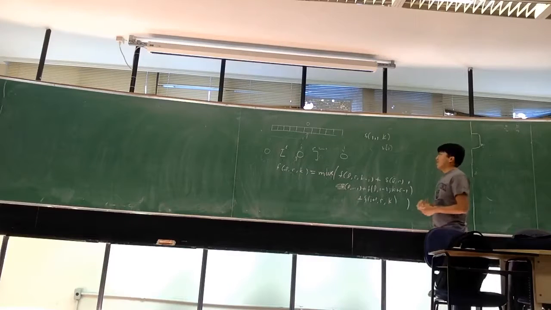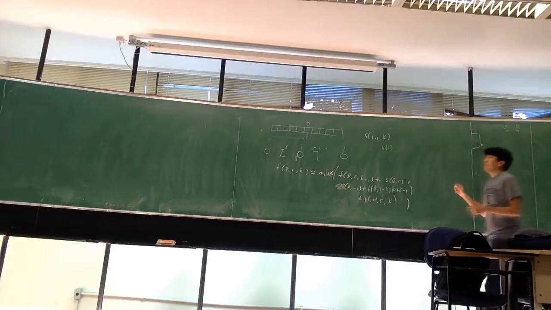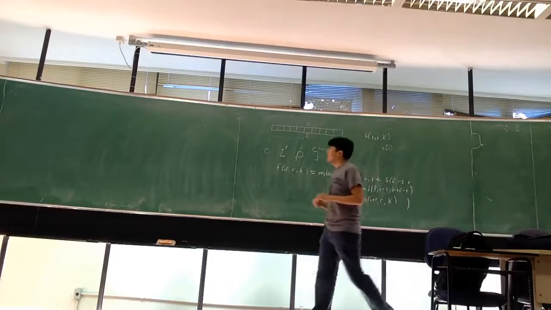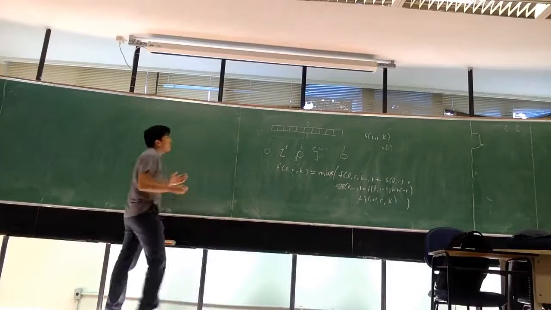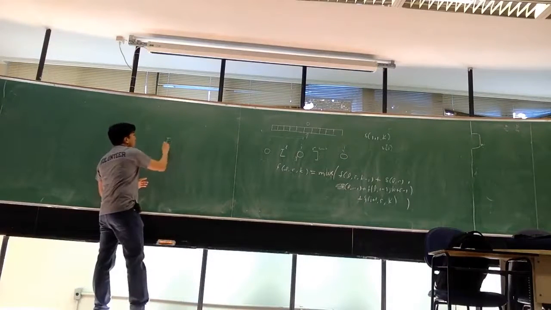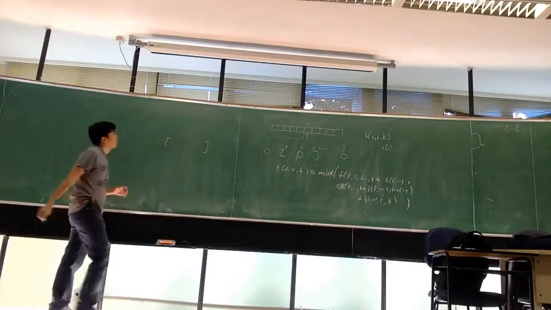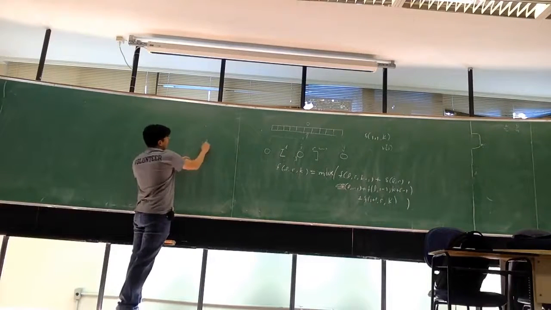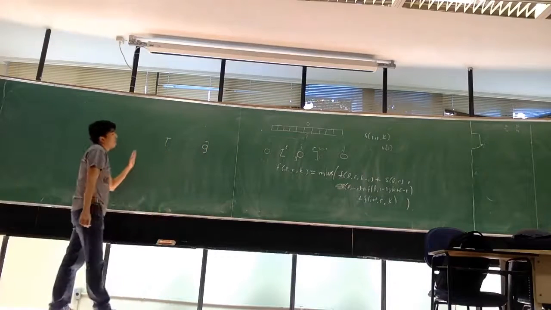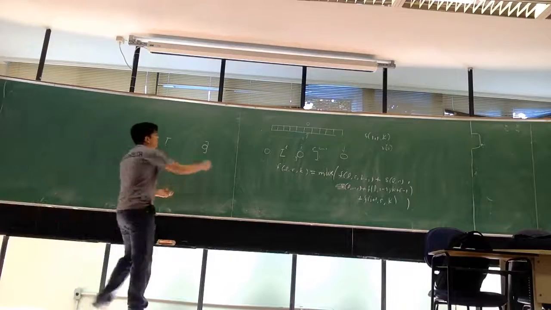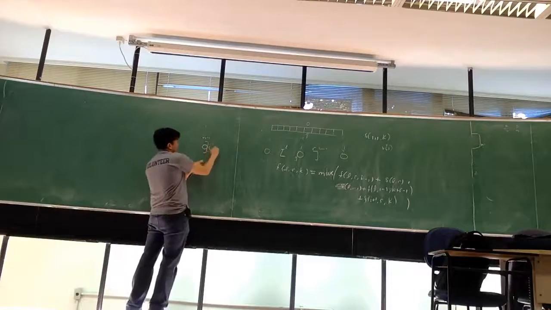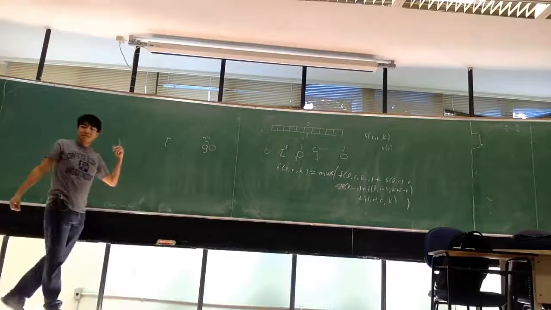Okay, so this solves the problem if there are no restrictions on which guy can be taken at any time, right? But that's actually easy to take care of because at any moment when I'm looking at an interval, either this guy here is the last element of the array, or this guy here was already taken, right?